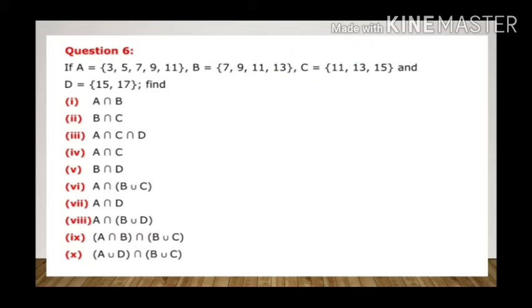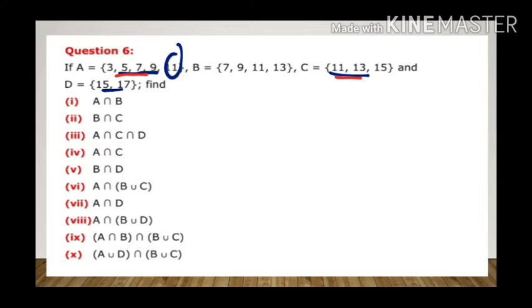Now next one, A intersection C intersection D. That means you have to find the common part between A, C and D. In between A and C, only 11 is common.